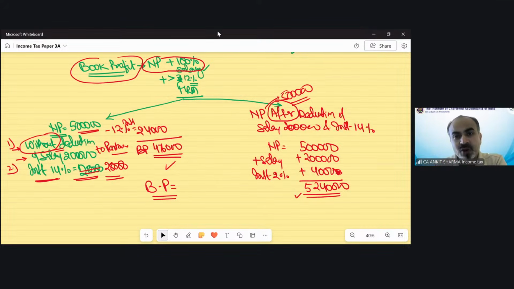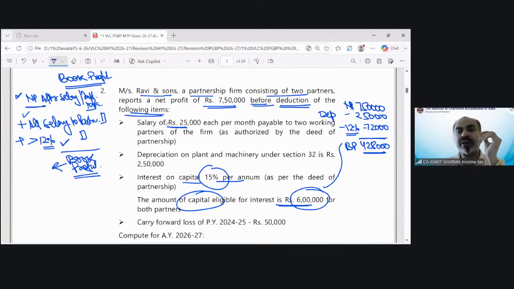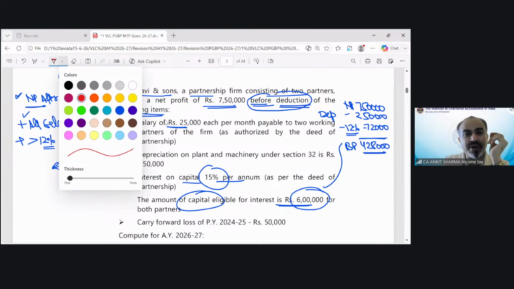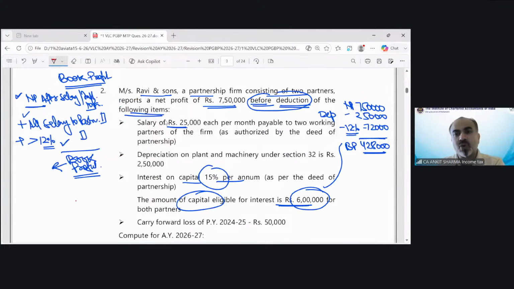So in the given question, the question says that the net profit of rupees 750 is before deduction. Because the question says it is before deduction, we reduce the depreciation as usual, and we just remove 12% of interest to partner and do not do any treatment of salary. So this is my book profit.